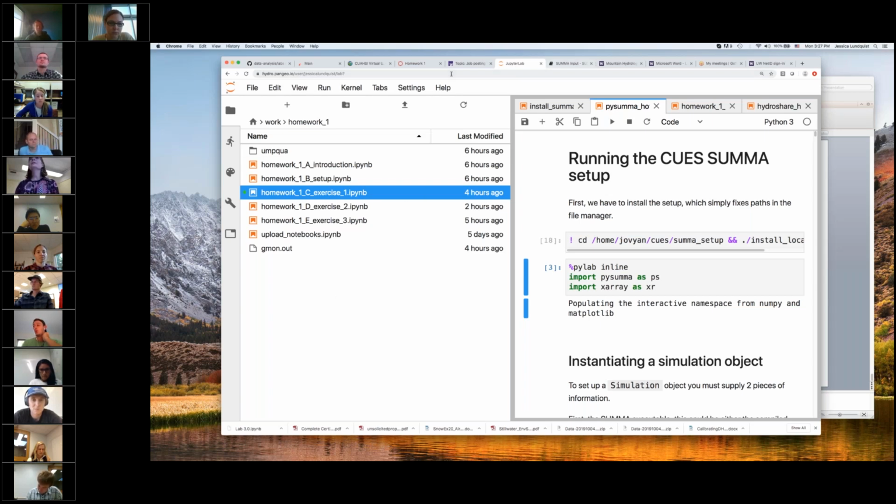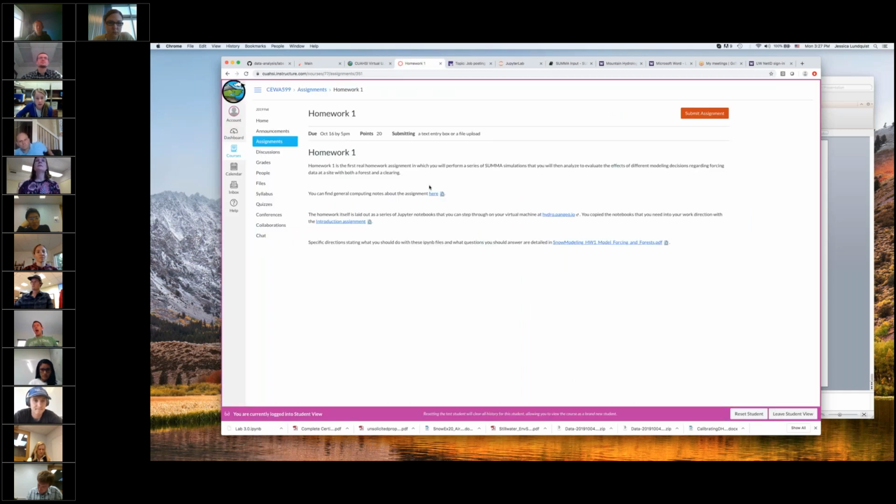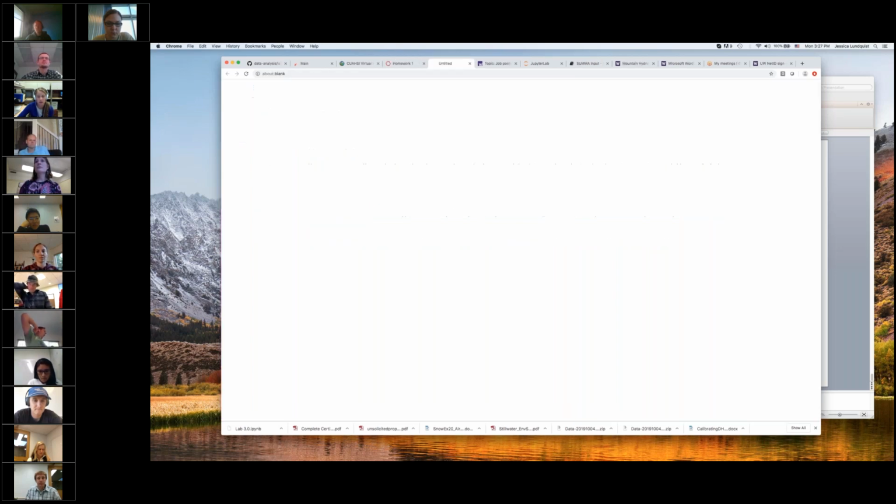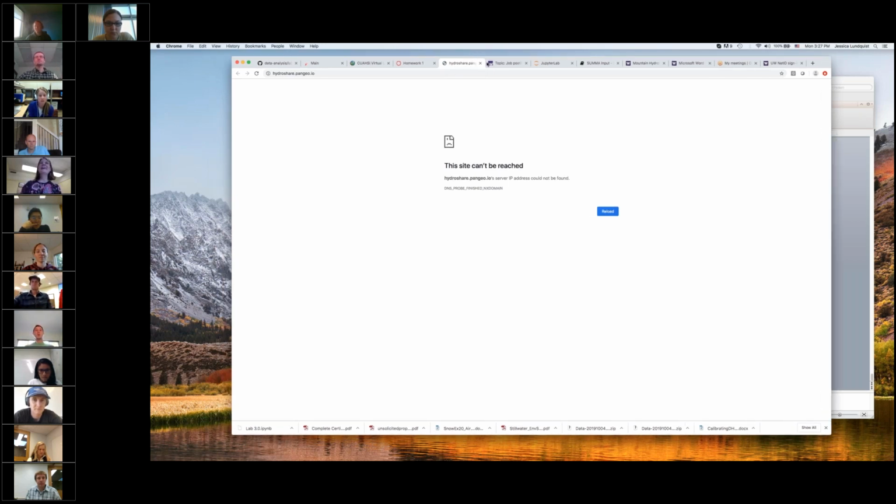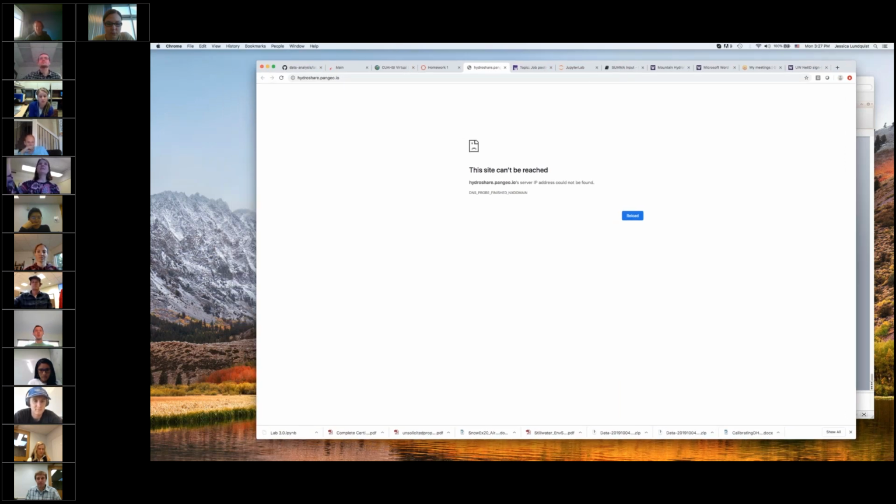It's in Canvas, under homework 1, the second link. So just type it in; don't click on that link. If you type it, it works. Clearly it didn't work on mine either. I think I just mistyped the link, so I will fix the link.